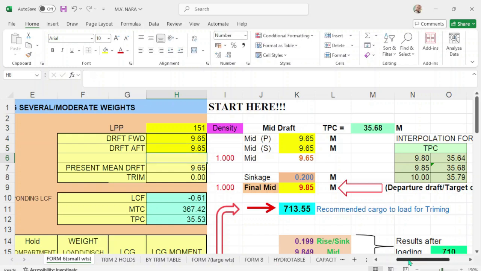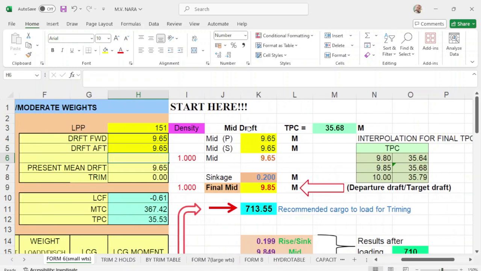This means that when the foreman reaches this drop, he will stop loading and ask the chief officer and the draft surveyor to make a draft reading and compute the remaining cargo to load for trimming.